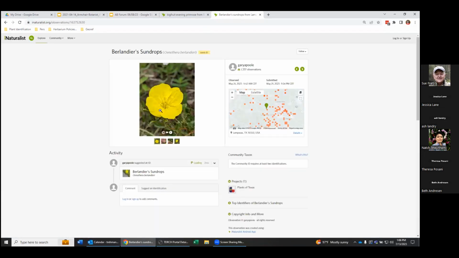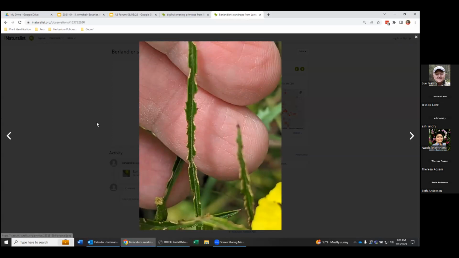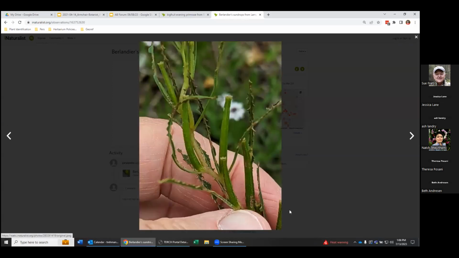For y'all to look at this one. Okay, so if you were keying this particular one out, which we won't have time to do today, you would get to that same point about the peltate or the branched stigma with this plant.